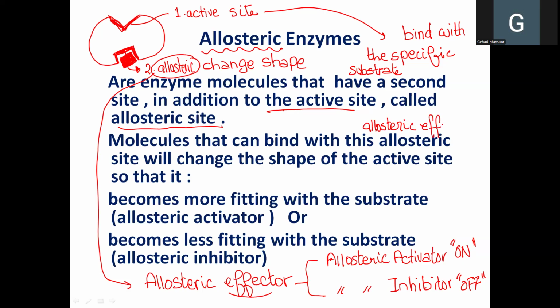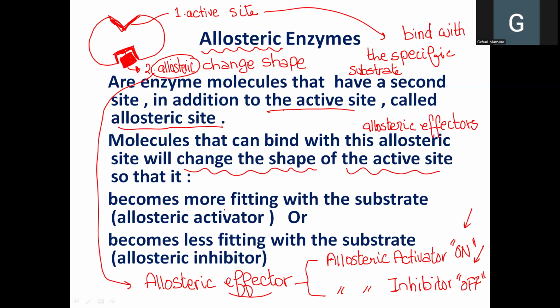And this is the general name for the molecules that can fit with the allosteric site. And upon binding with the allosteric site, they change the shape of the active site. So these turn on, turn off buttons will turn on and off according to how they change the shape of the active site.